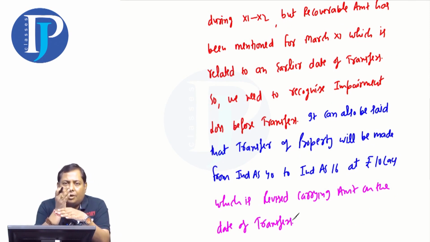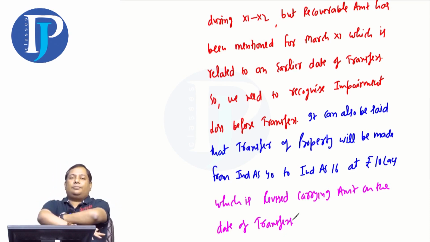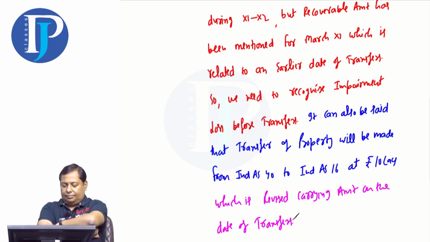On the date of transfer, if you are given the market value, we will never count it because the transfer takes place at the carrying amount. And the market value of this is 6 months old. If we assume that during the year, let's say mid-year, it's 6 months old, it is the working.